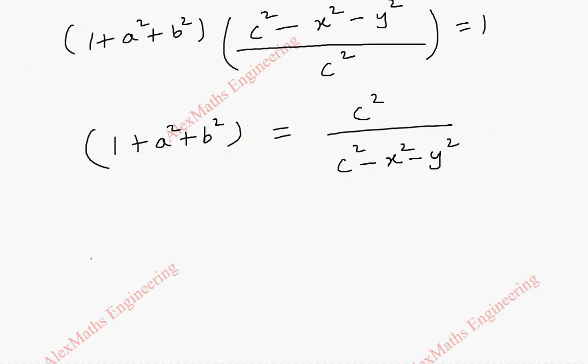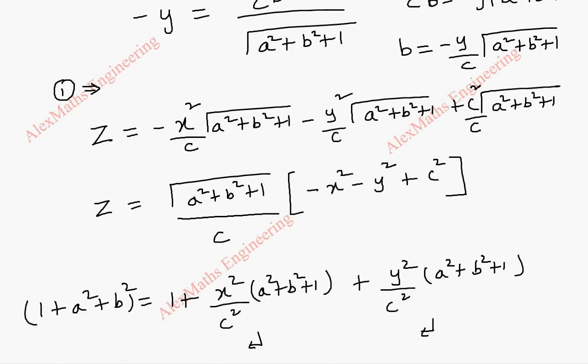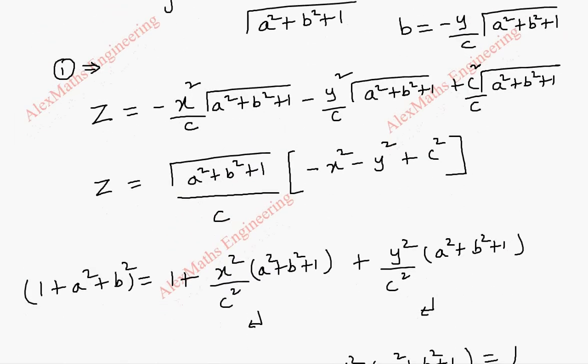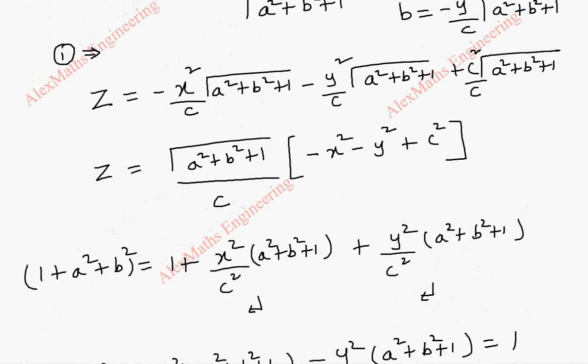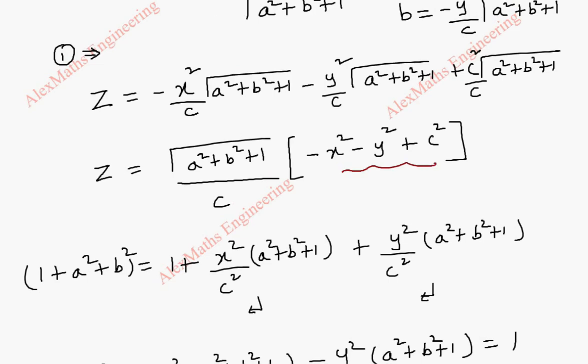Now we are going to substitute in z. In place of root of a square plus b square plus 1, we are going to replace this with the square root. When I take the square root for this, it will become c by root of c square minus x square minus y square, and along with that we also have one more term. If I rearrange, we get c square first, then minus x square minus y square.